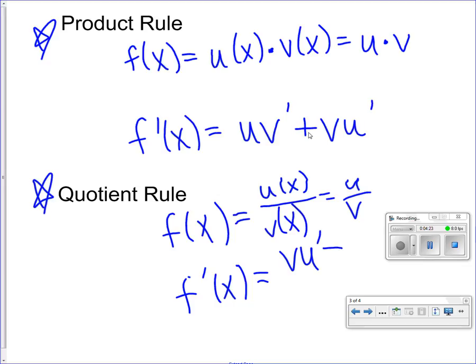Instead of a plus, it's going to be a minus, and then u v prime. And then the only piece that's really different is that it's divided by v squared. You'll hear me call this one vuv. So we have uvu, our product rule, and vuv, our quotient rule. We'll spend a lot of time in class going over those rules and how to use them.